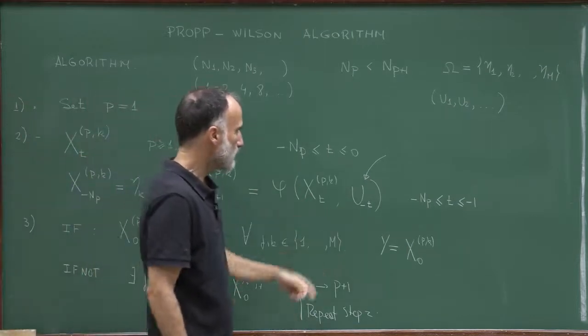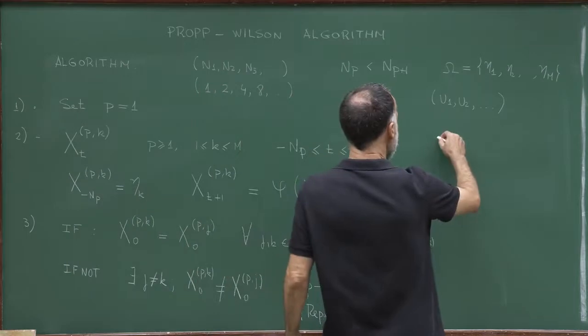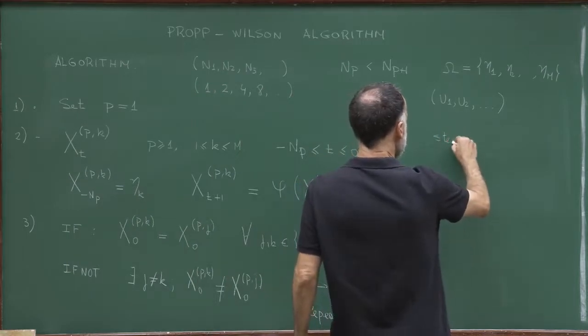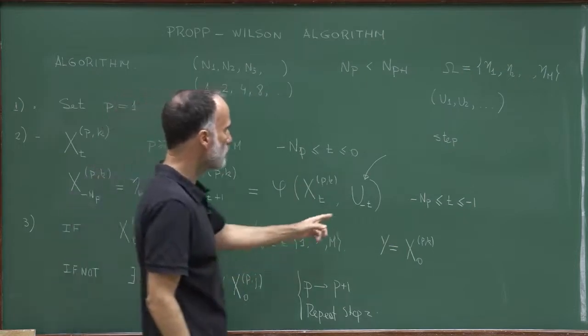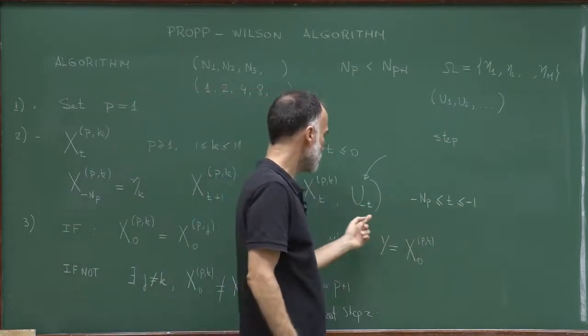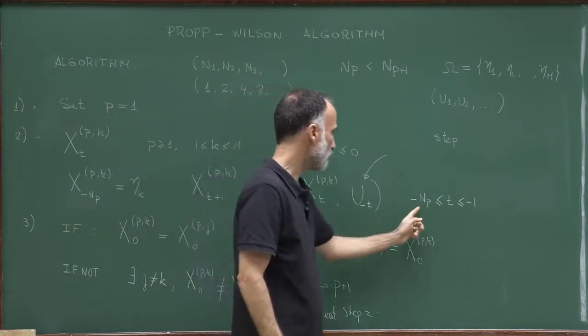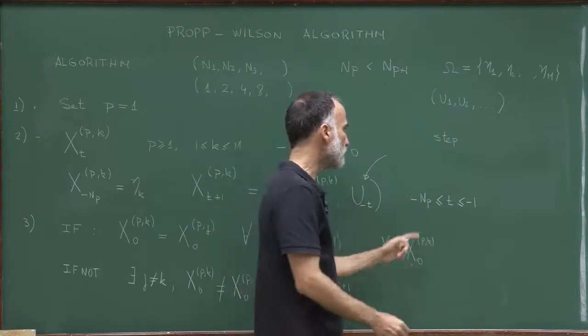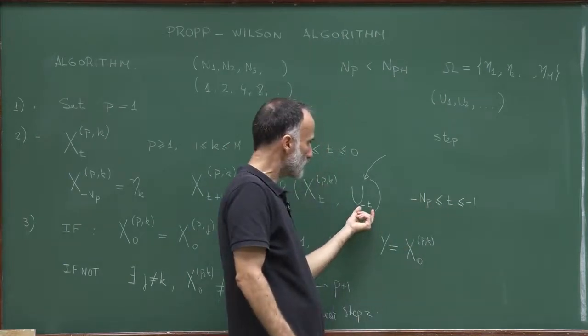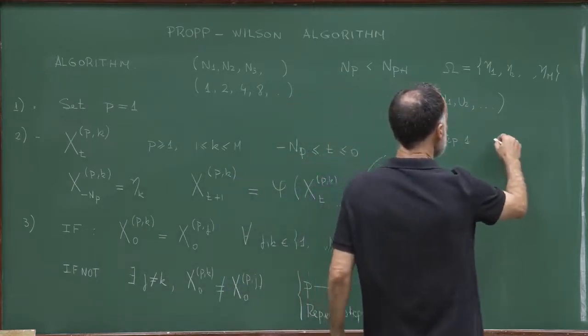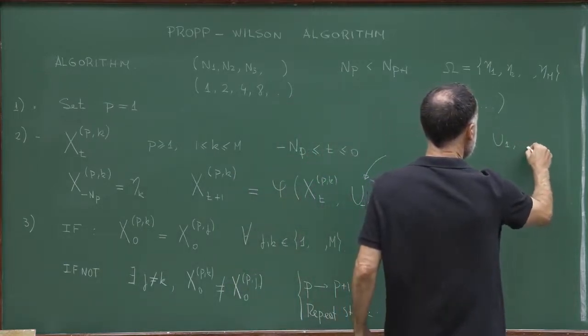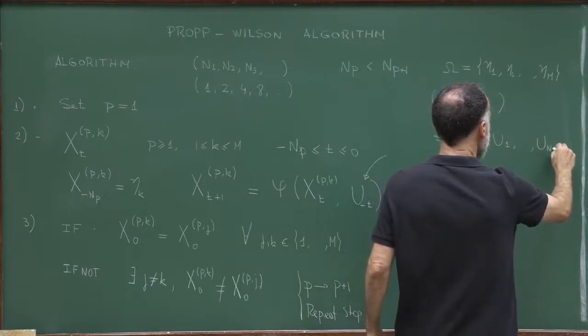But mind that at step 1, we used in this definition the random variables, well, minus t running from -np to 1 means that t here was running from 1 to np. So in step 1, we use the variables u1 up to un1.